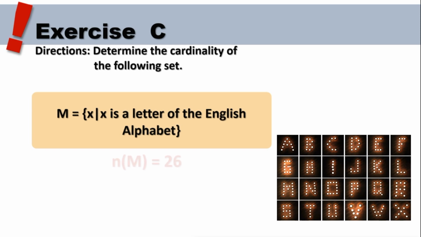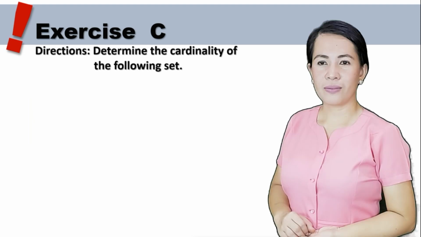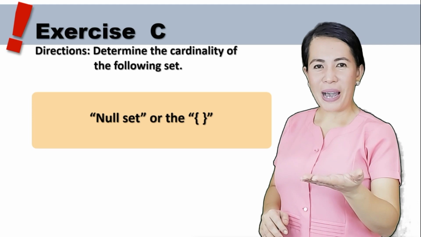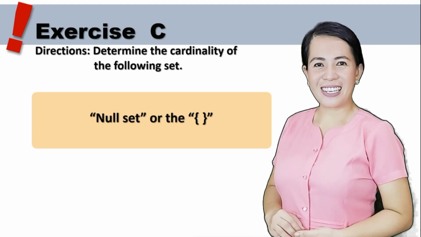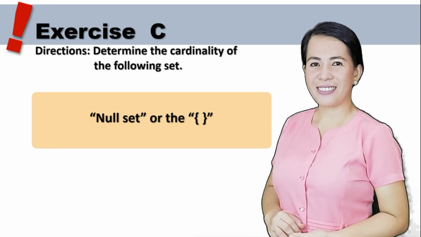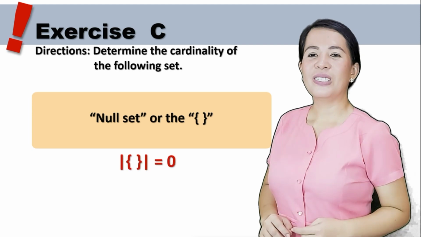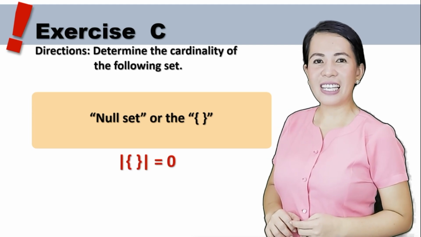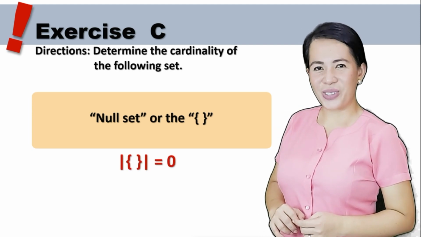Right, there are 26 letters. So the cardinality of set M is equal to 26. How about this given? What is its cardinality? Simple. The cardinality of a null set or an empty set is 0.